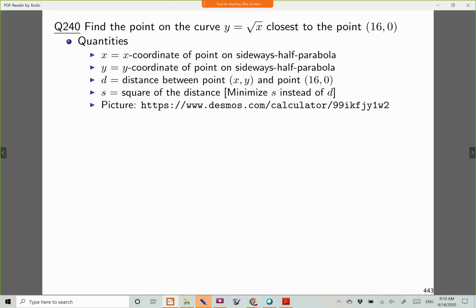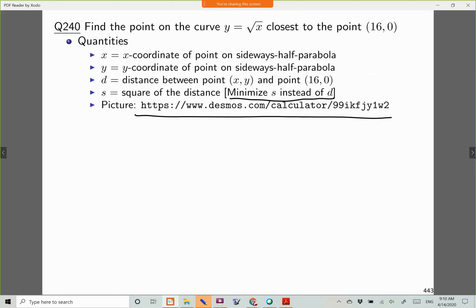So s is going to, in words, stand for the square of the distance. So you could minimize d, but we're going to minimize s instead. If you'd like to later, the picture that I already drew is available for you. We're not going to click on that right now, since you already saw a picture of this.